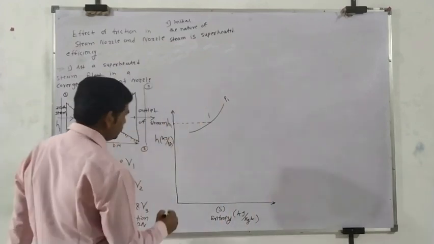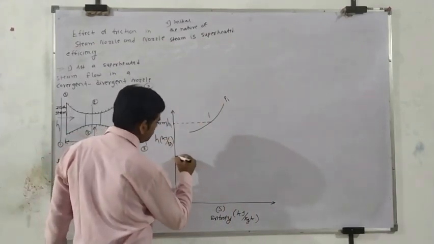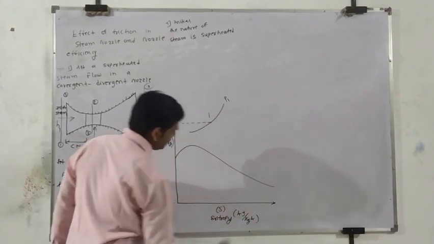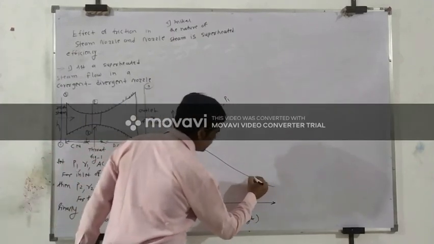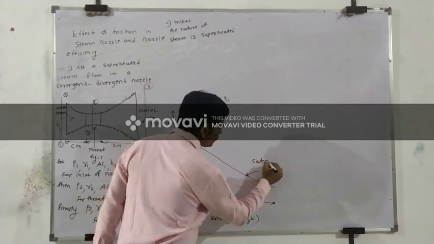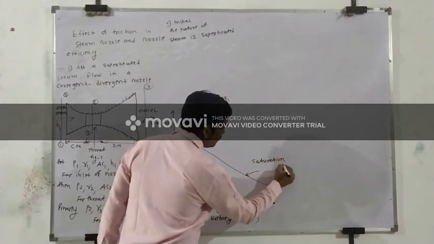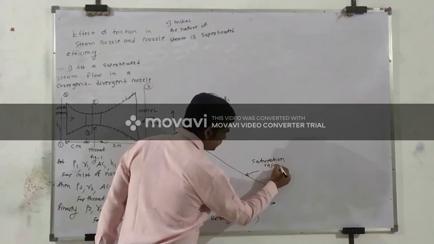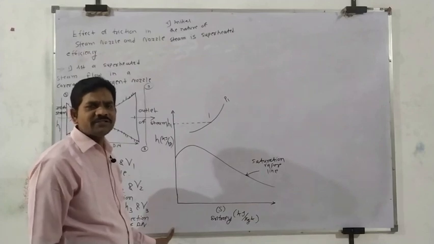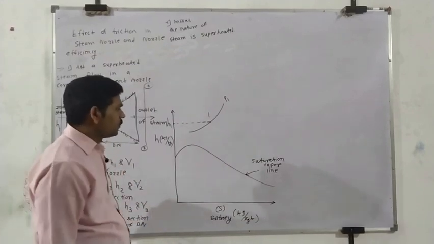Then we have to draw another line. This is the saturation line. We know that this is the saturation vapor line on a Mollier chart diagram. This one. Okay.